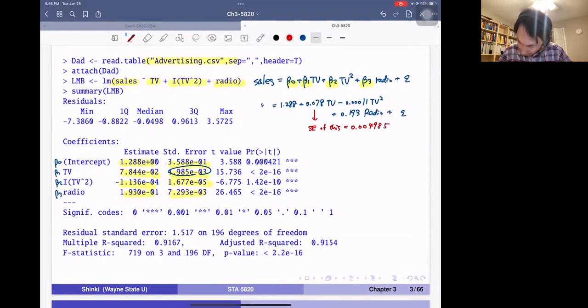Okay, so that is pretty small. The effect size is 0.078, but the standard error is 0.0049. So the ratio is 15.7.